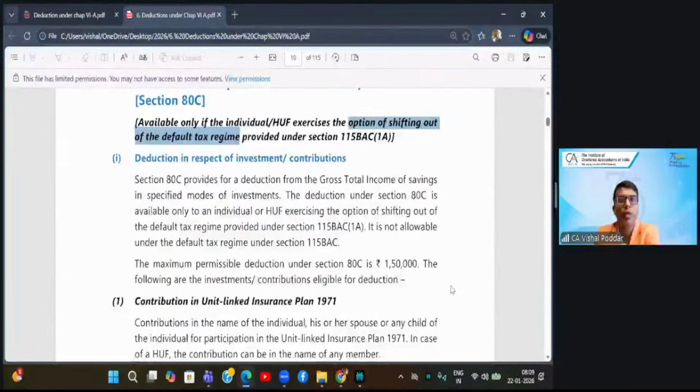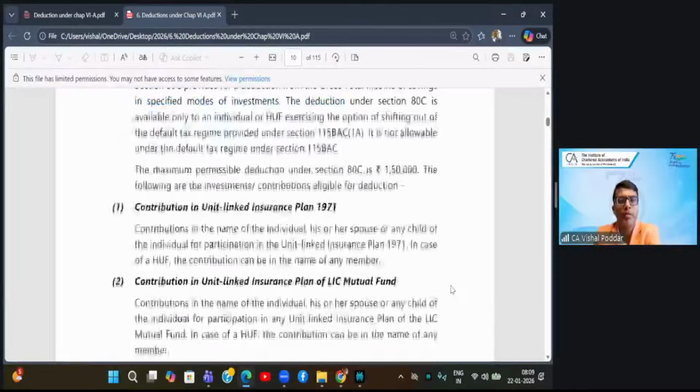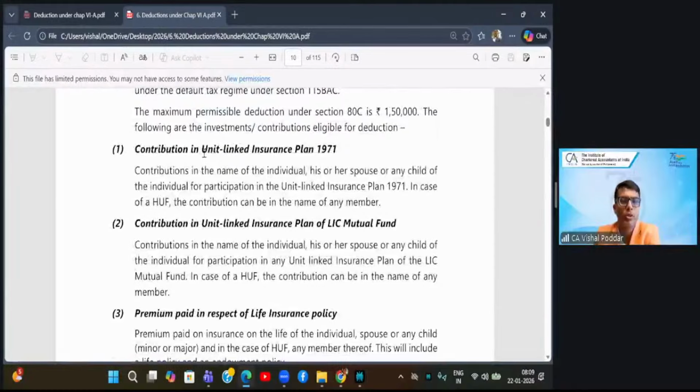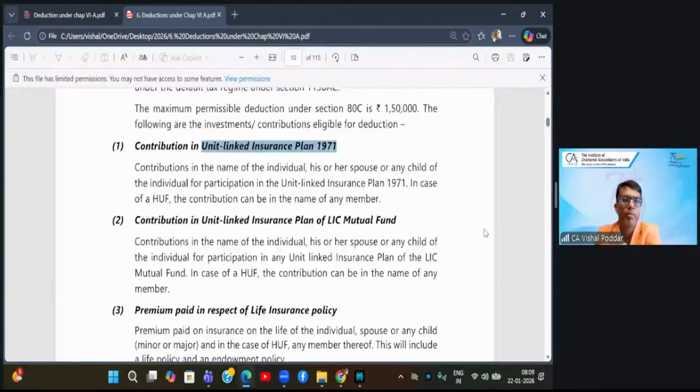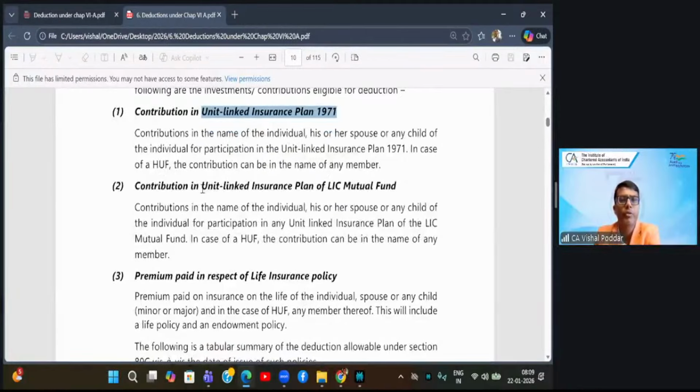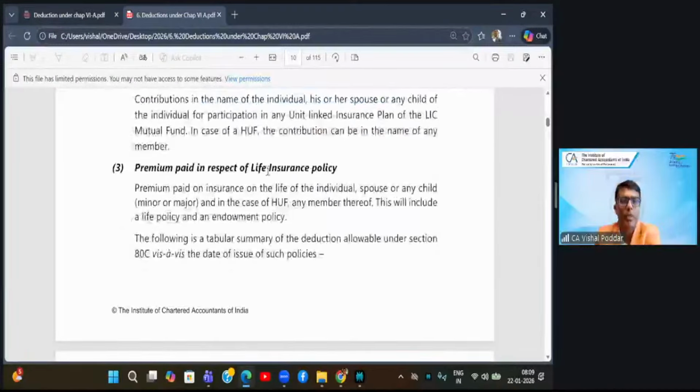Now we'll first see what are the different payments for which this deduction is allowed. So first is unit linked insurance plan. It is a type of insurance policy only. So if you are paying premium for this, the second type of insurance policy is the unit linked plan of LIC mutual fund. So if you are making payment of premium of this, then comes the most important point, premium in respect of life insurance policy.